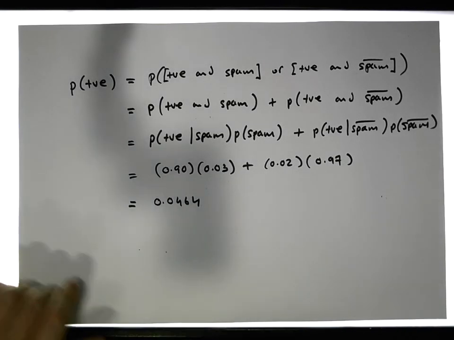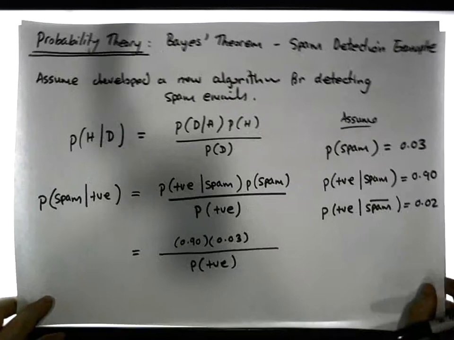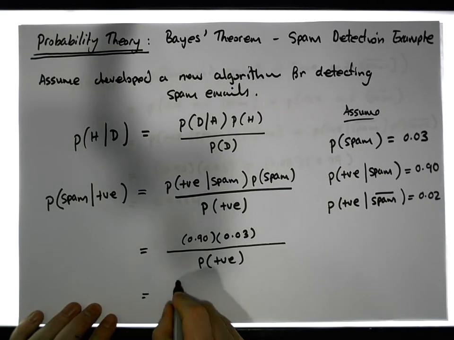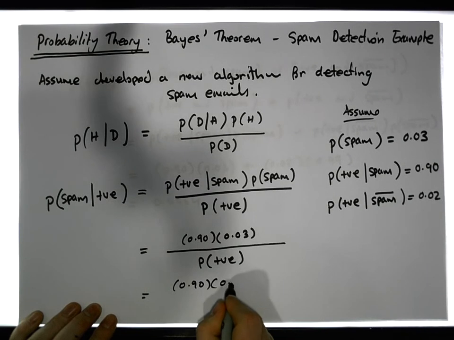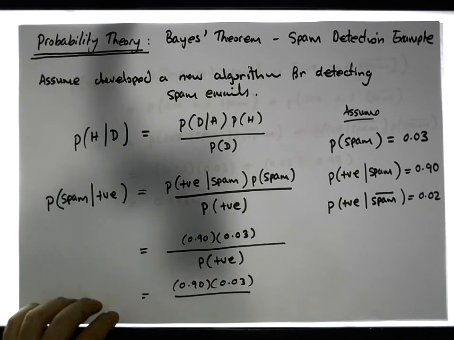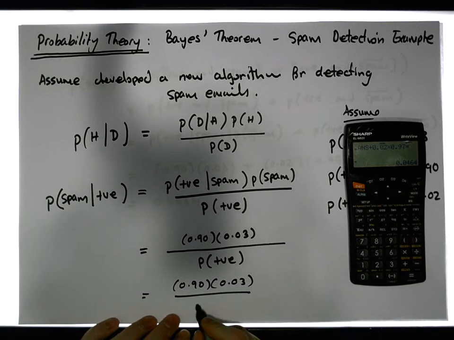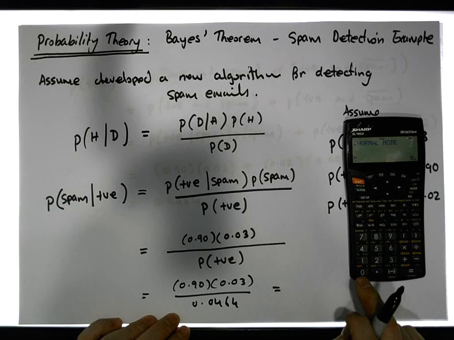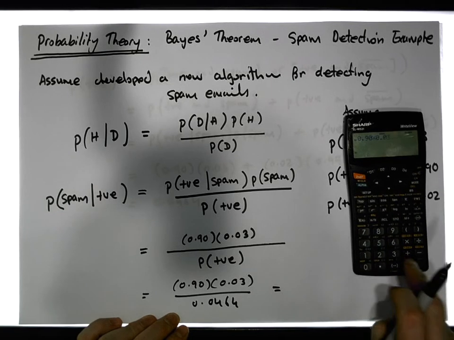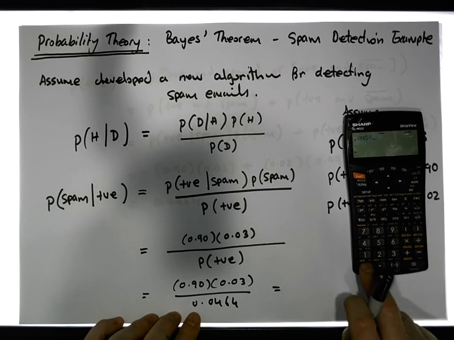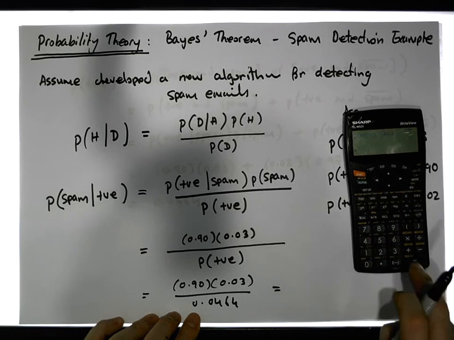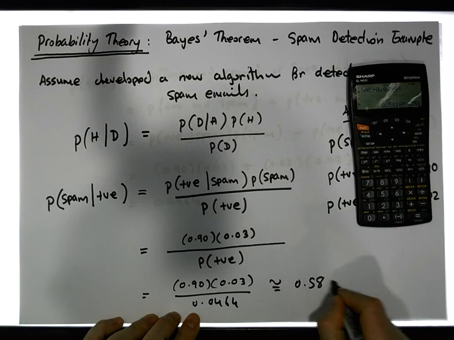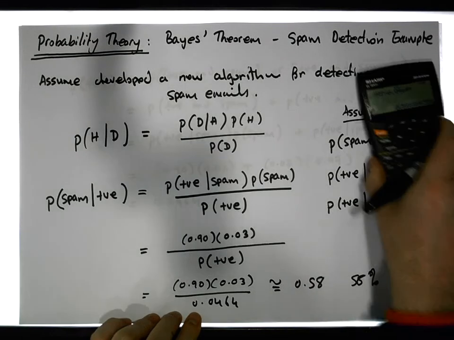Okay, so now what we have is that in general, this becomes 0.90 times 0.03 divided by the probability of a positive result, 0.0464, which gives us a value of approximately 0.58, which is 58%. Which is interesting.